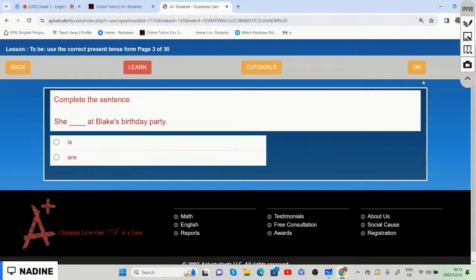She refers to one specific person. One person.